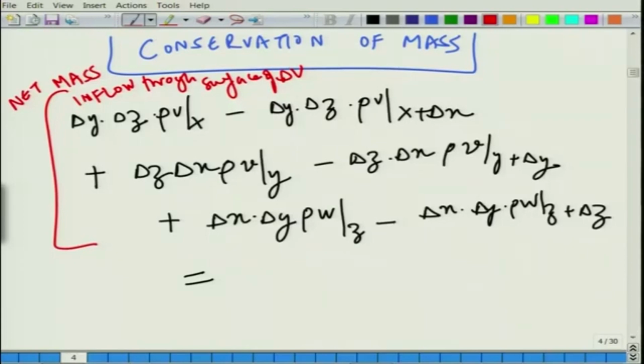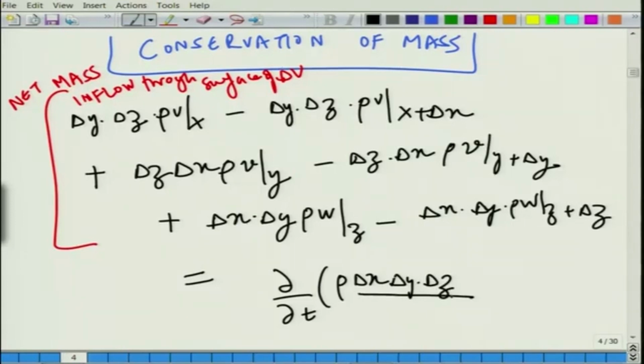The difference is then equal to the net mass that goes away, that is your del del t of rho times the volume delta x into delta y into delta z. Volume times density, kg per meter cube into meter cube, that will give you kg, right.